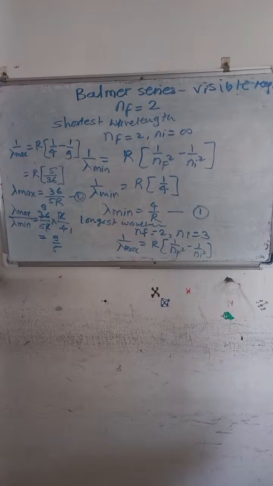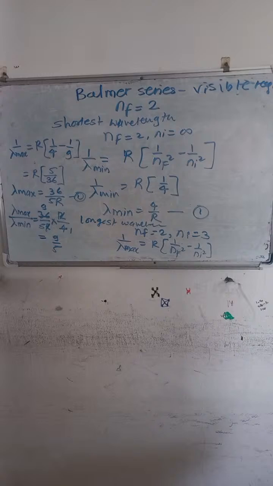An electron in the hydrogen atom makes a transition from orbits of higher energies to orbits of lower energies.